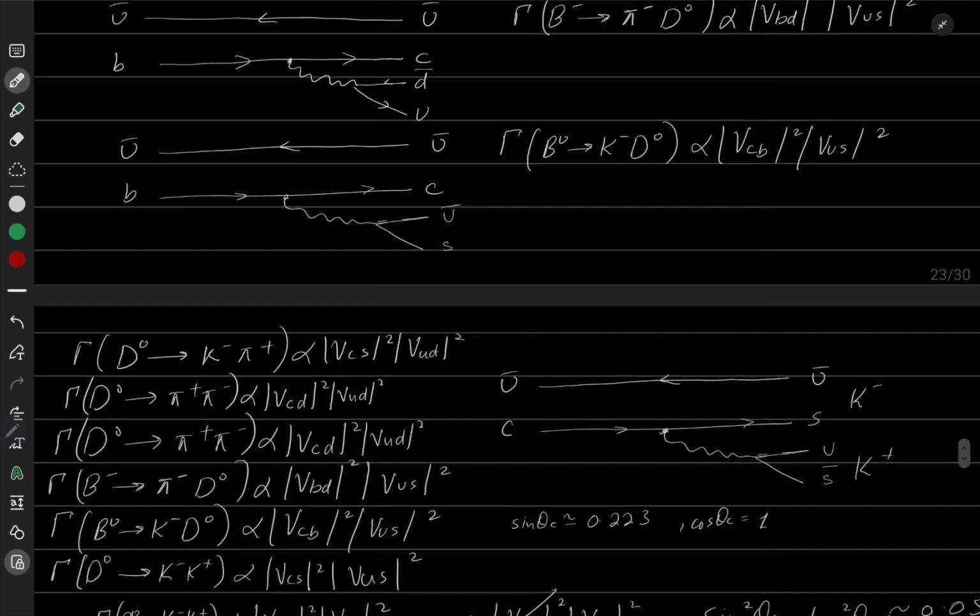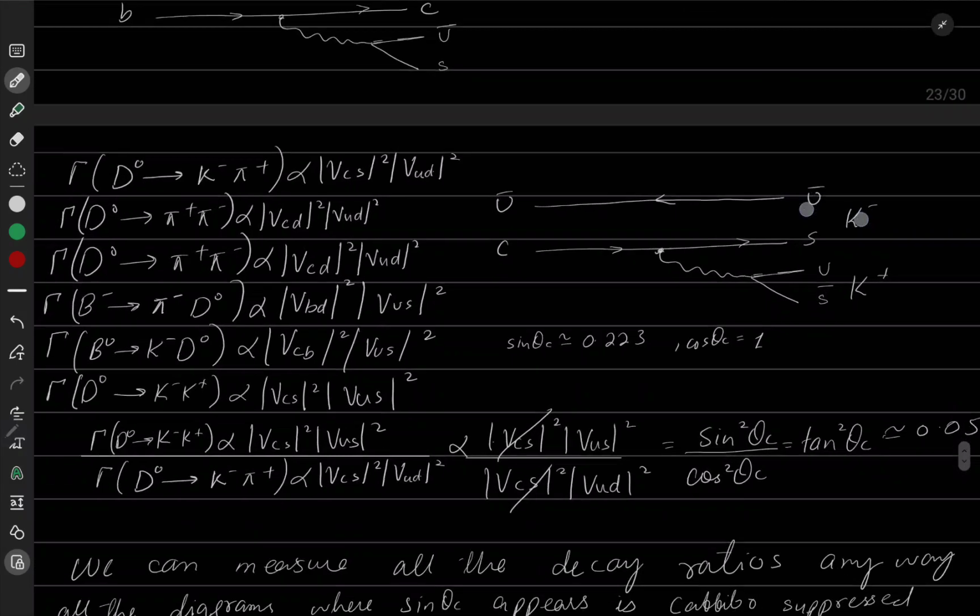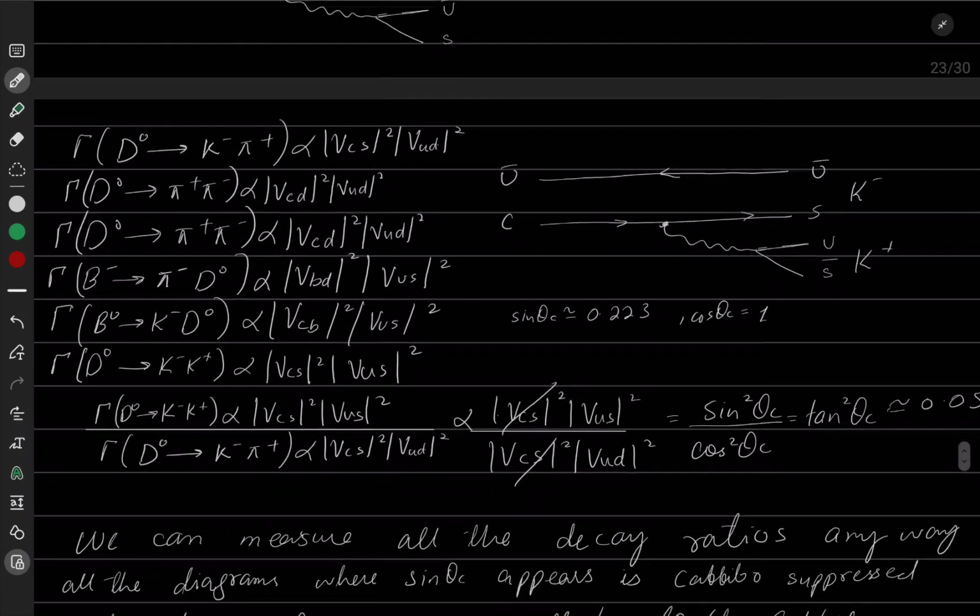So let's jump to the conclusion. We can look at different ratios for these various processes. For instance, let's look at the ratio of the decay of a D meson into two charged kaons to the decay of a D0 meson into a kaon and a pion.